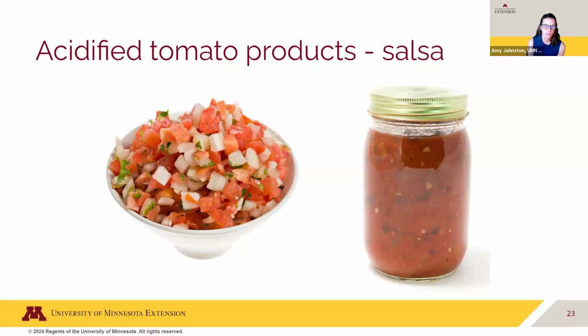If we're making a fresh salsa, we might squeeze some lemon or lime juice, but we're not really acidifying that food. So we can't just can it. We need to use salsa recipes that have enough acid to bring the pH down to 4.6 or less. So when making a salsa, try to use firmer varieties of tomatoes just because they're going to hold up a little bit better.